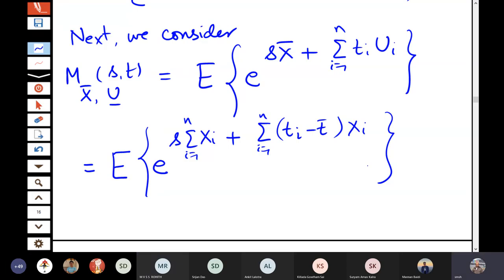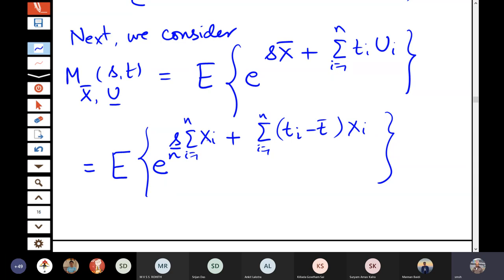Now again you see this term I can combine here. This s term I can combine with the term given here. Sorry, this is sigma xi by n, because x bar is sigma xi by n. So s by n sigma xi.